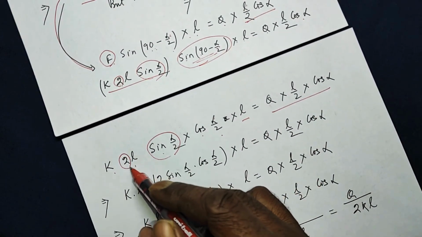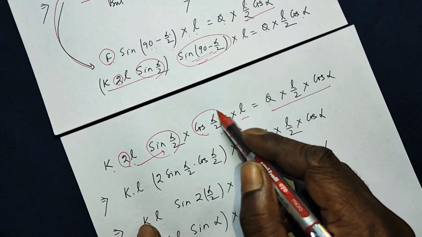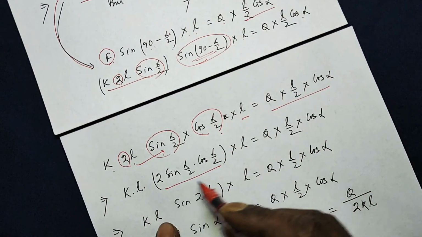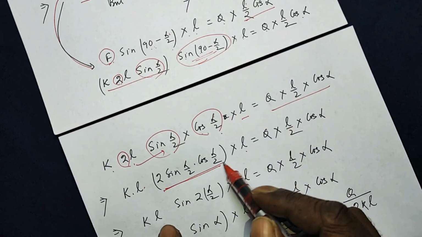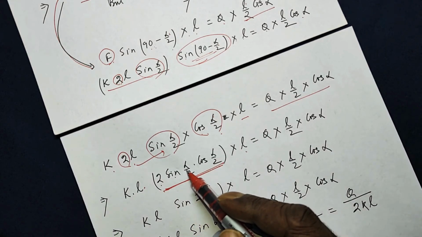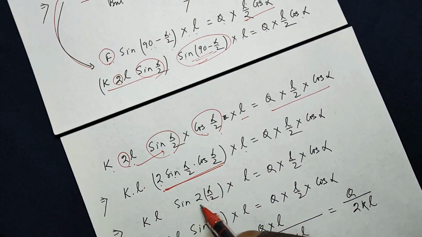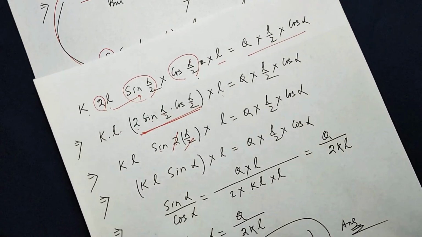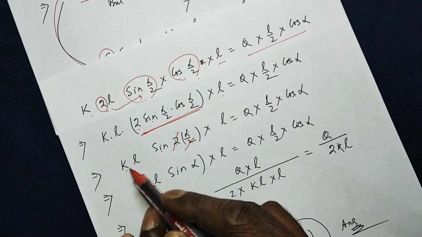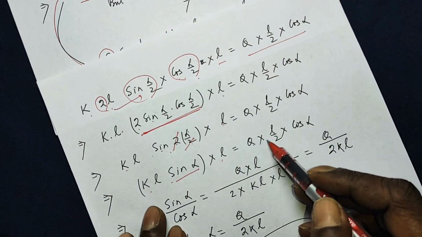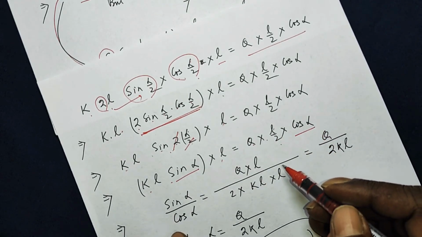Now keep this 2 along with this and with this in a bracket, and KL remains same. So this comes under a trigonometric formula, sine of 2 theta: 2 sine theta cos theta is sine of 2 theta, sine of 2 alpha by 2, 2 cancels. So we are left with KL sine alpha times L equals Q times L by 2 cos alpha.